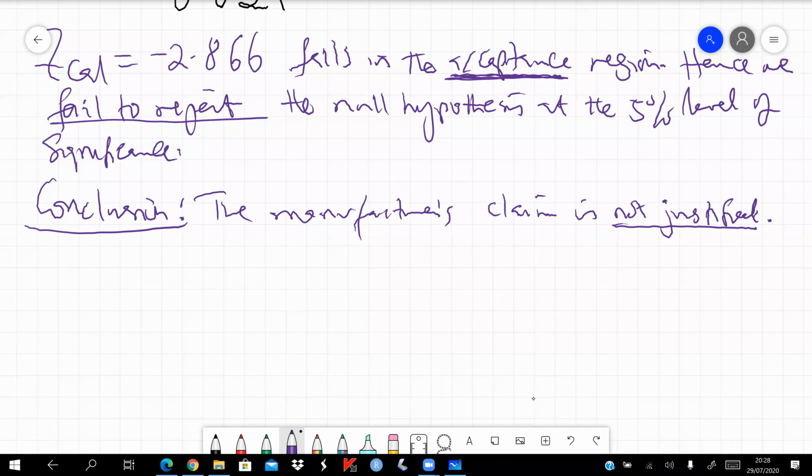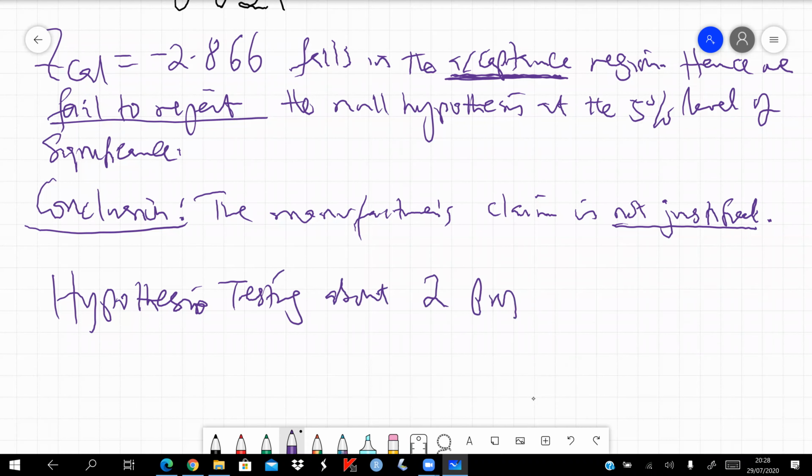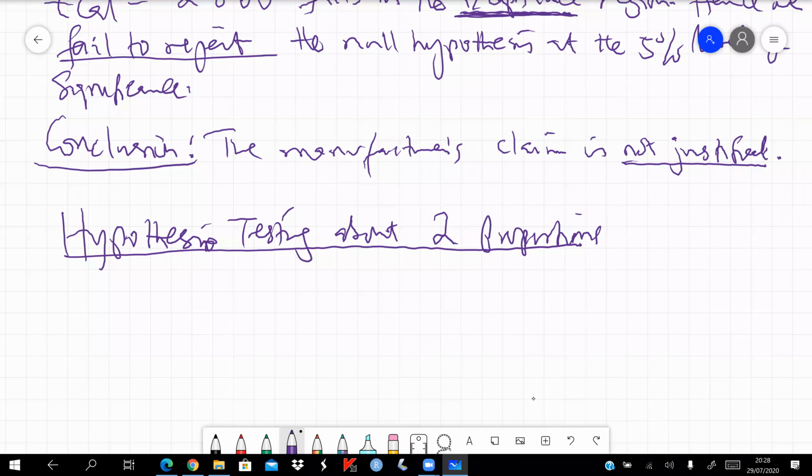Hypothesis testing about two proportions. The procedure is similar to the one we saw for two sample means. We only switch the notation and adjust how we compute the standard error.